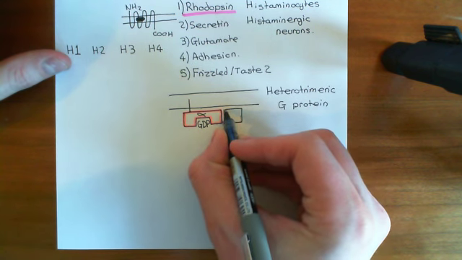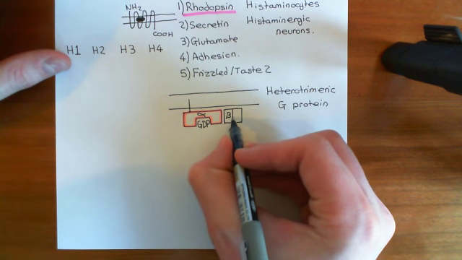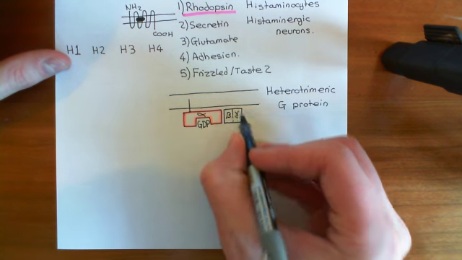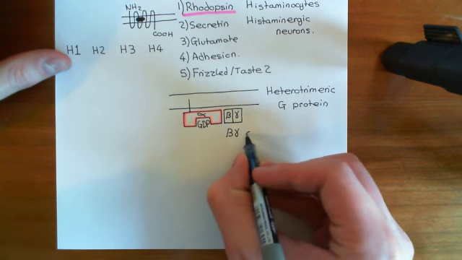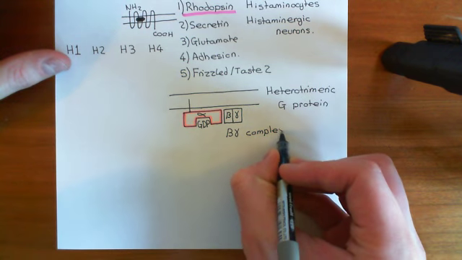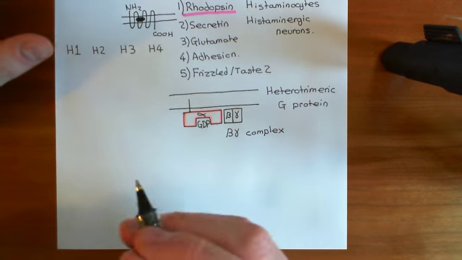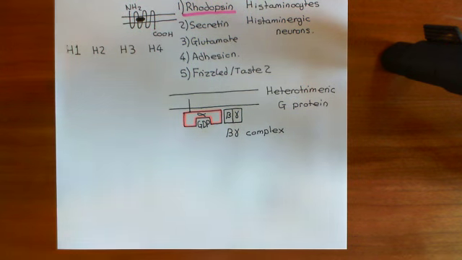This complex is known as the beta-gamma complex. Beta and gamma pretty much never break apart. They always stay together. People often just refer to it as the beta-gamma complex, but fundamentally it is two separate proteins bound together.